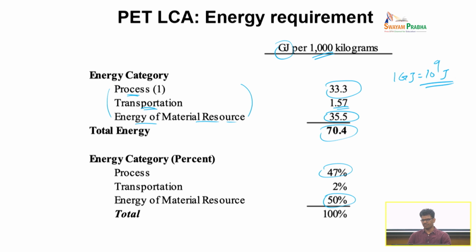Transportation seems to be only up to 2%. This data is now converted into percentages. So if you want to make 1000 kilograms of PET resin, the energy needed is about 70.4 gigajoules.